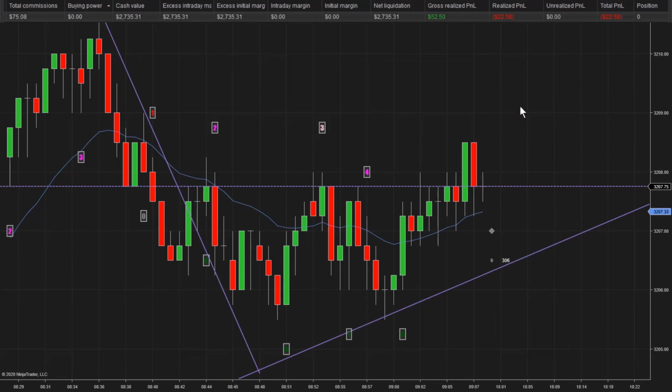It's not what I was necessarily looking for. I was looking for a breakout and a pullback after a leg. This is after a candle. No.